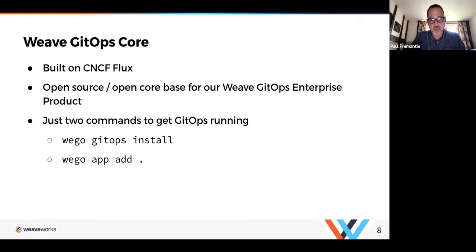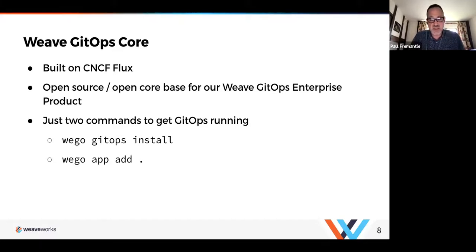And we have built GitOps Core to be an open source, open core base for our overall product. That's because, firstly, this space is very much driven by open source, and secondly, we want people to be able to try it, see how it works, and then discover the product, and if they need further features, get it going.